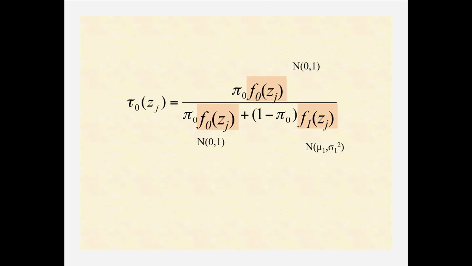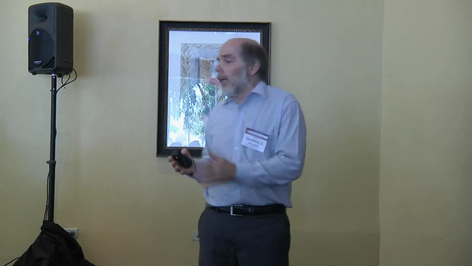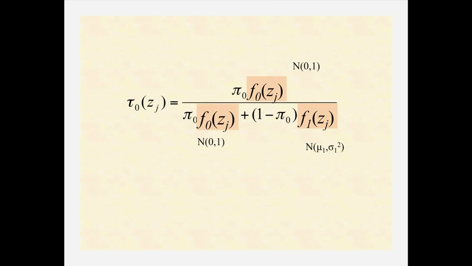But that's if all the genes were the same size. Of course, we might have genes where some are only slightly differentially expressed, others moderately and highly. But it seems in the data sets we've looked at, we can get away with just fitting one normal distribution. Of course, you can look at the fit, and if it seems that you need an additional component, then you can fit an extra normal component.